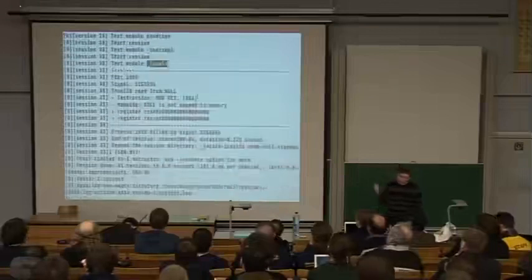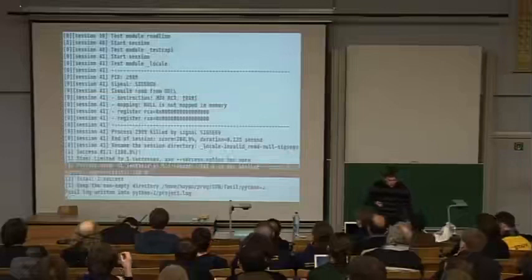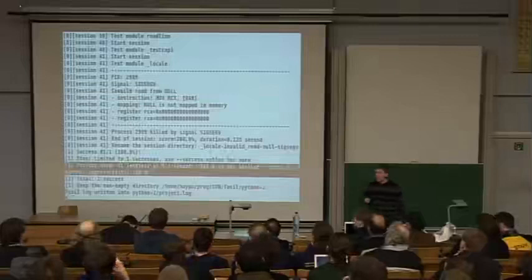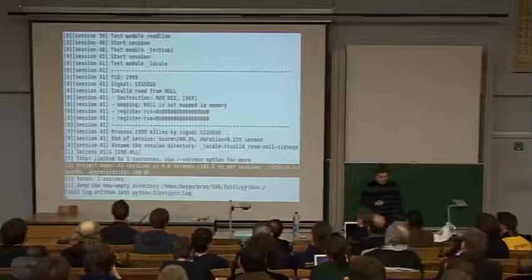And here we have a crash on a locale module, which is an invalid memory read from a null address. By default, the fuzzer stops at the first crash, so in 6 seconds, it's already found bugs in Python.